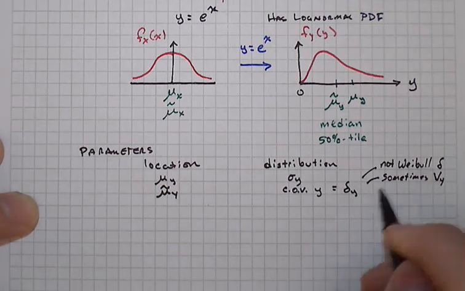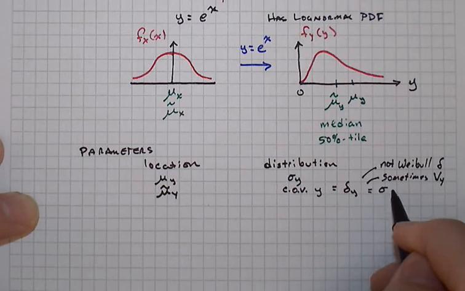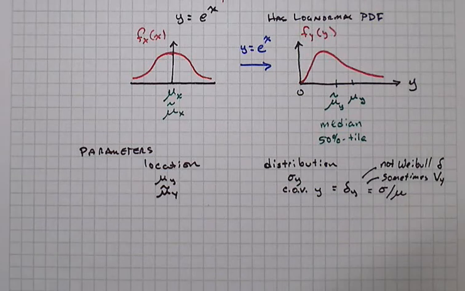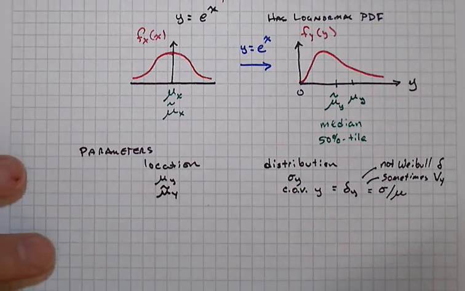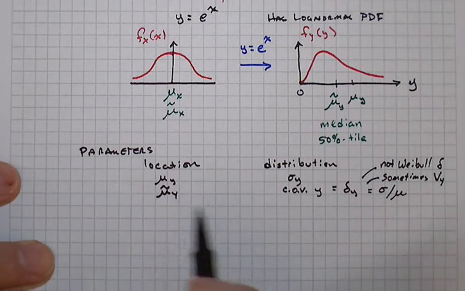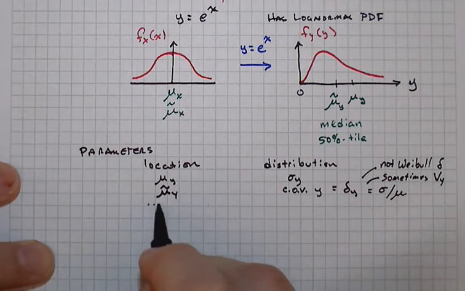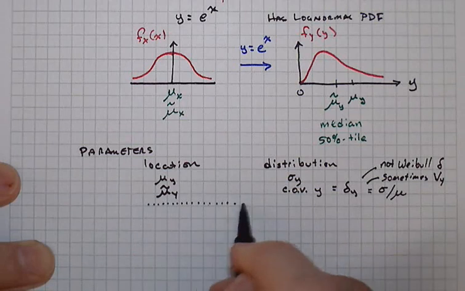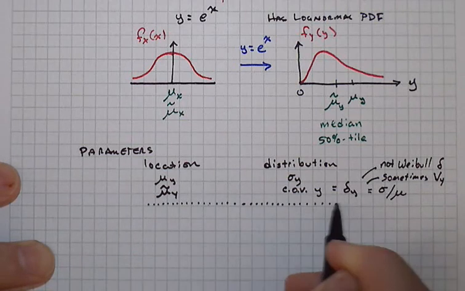And remember, the COV is just the standard deviation divided by the mean. So it's a measure of dispersion in the scale of the mean. Absolutely kind of a pain, there is no doubt, to have all these different symbols running around.